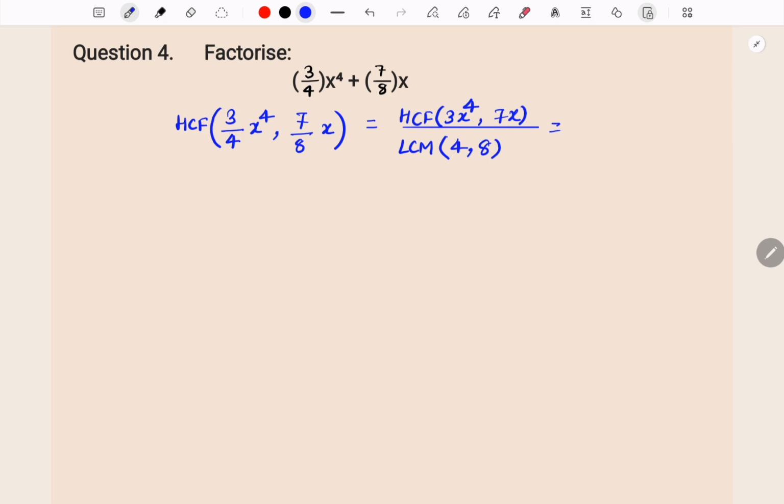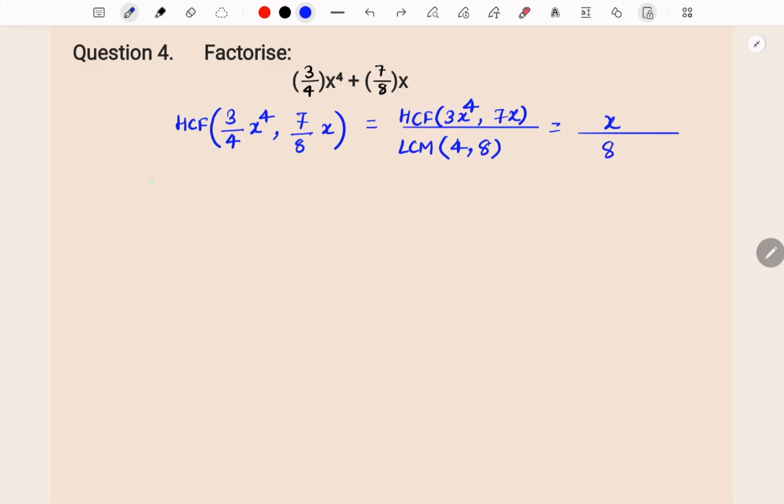Now, the HCF of 3x^4 and 7x is x because the only common term is x. And for the LCM of 4 and 8, I can write 8. Okay, so we had x/8 as the HCF.